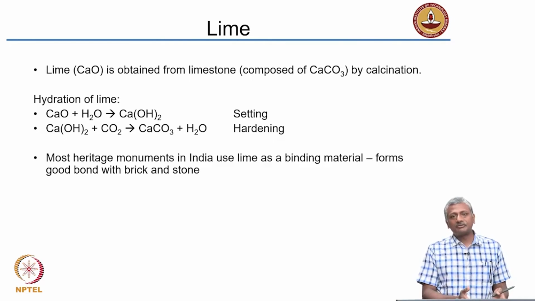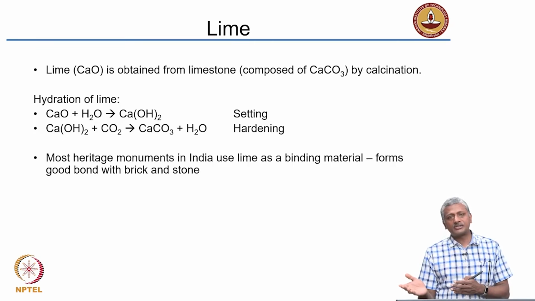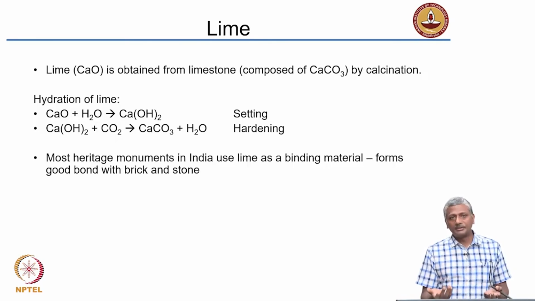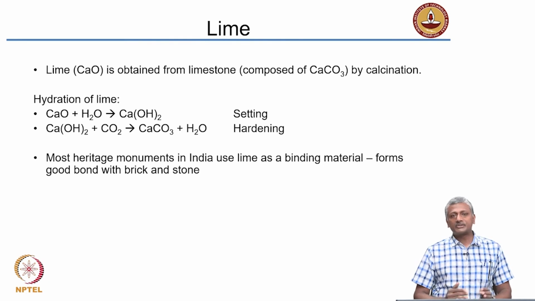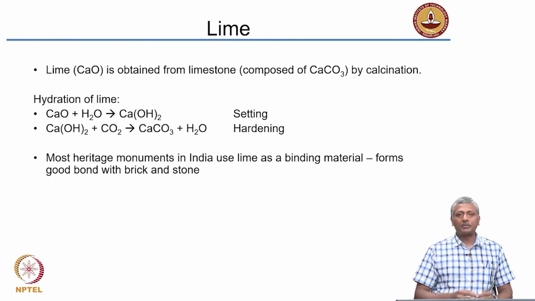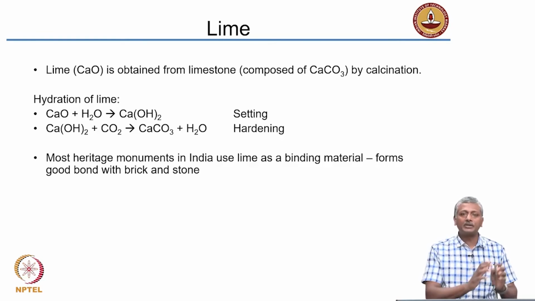But lime itself remained for centuries, and even today a lot of practice for rural construction still happens with lime mortar. Now, traditionally people have started shifting away to cement mortar for residential construction and for building construction because it's a lot stronger. But if you have to repair heritage monuments which were originally designed with lime mortar, it is always better to stick to something which is similar to the lime mortar or lime mortar itself for the repair, because that's going to be more compatible with the structure.